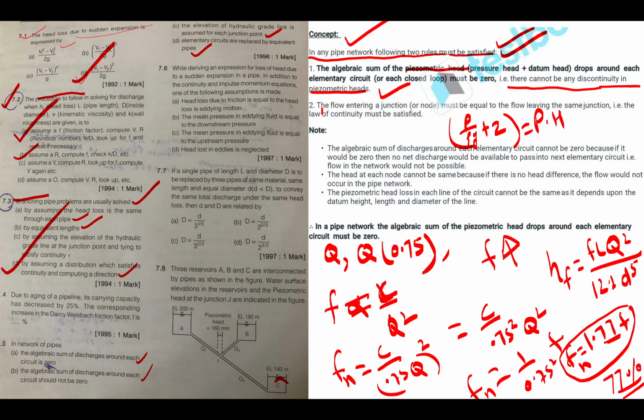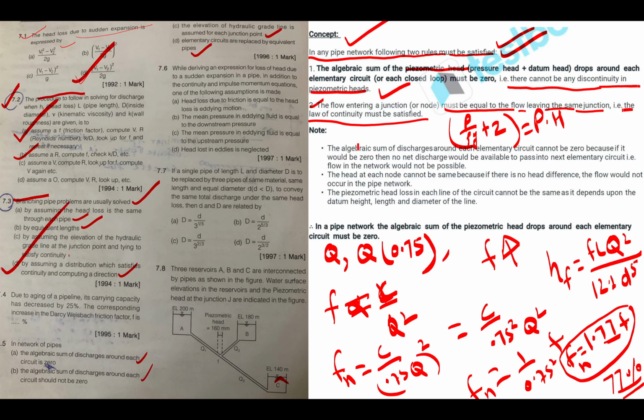Second, the flow entering a junction or node must be equal to the flow leaving the same junction. That is, the law of continuity should be satisfied.